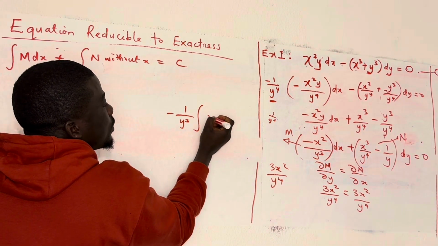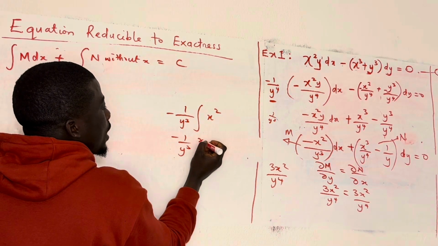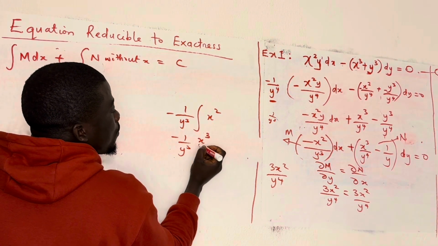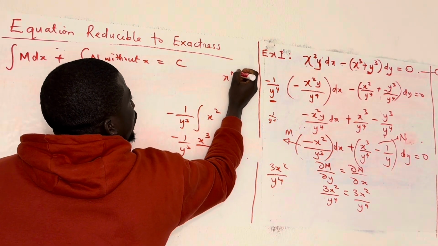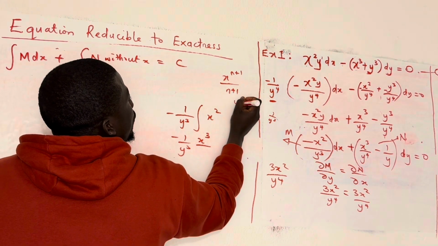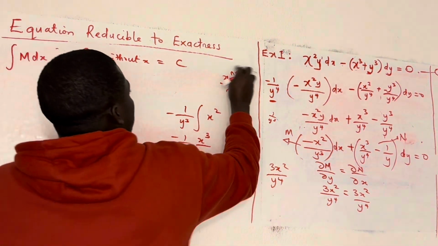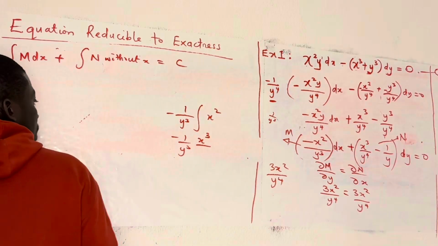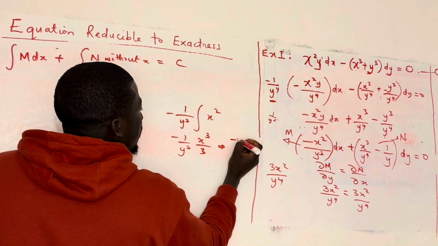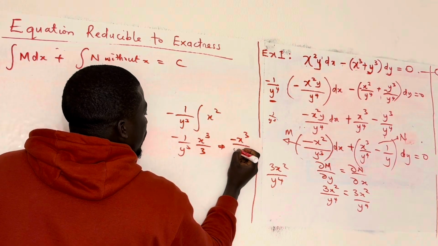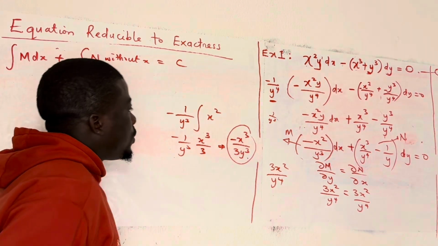So we are left with x squared, which gives x raised to power 3 divided by 3, using x to the n plus 1 all over n plus 1 for all n not equal to minus 1. That will give us minus x cubed divided by 3y cubed for this.